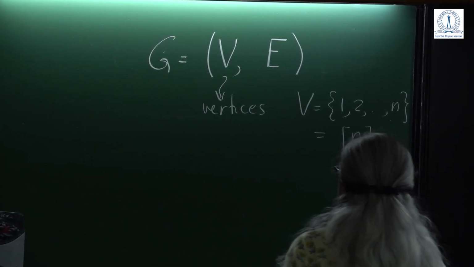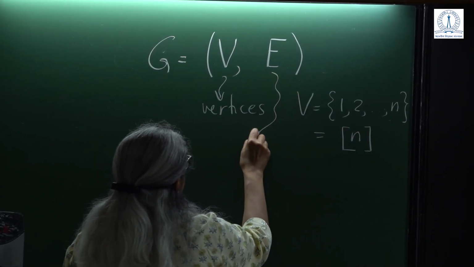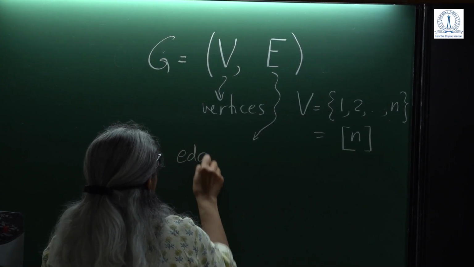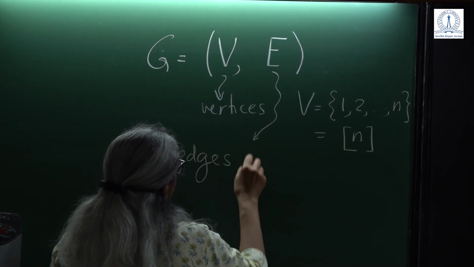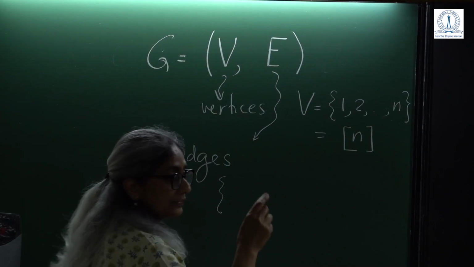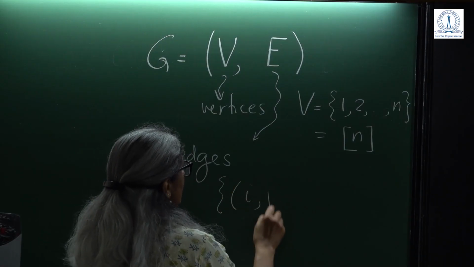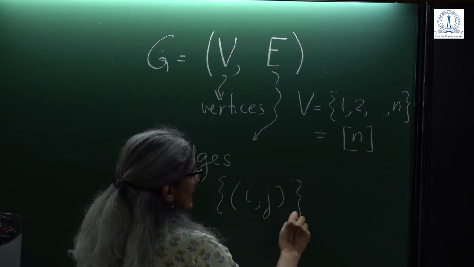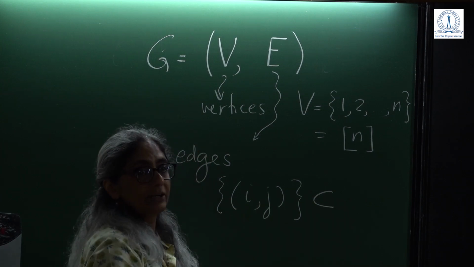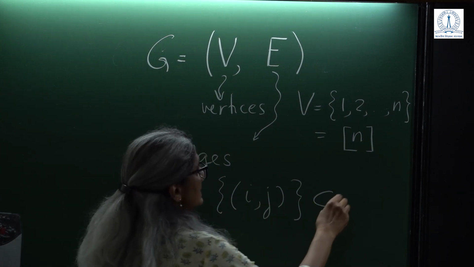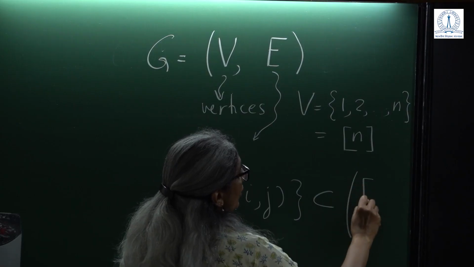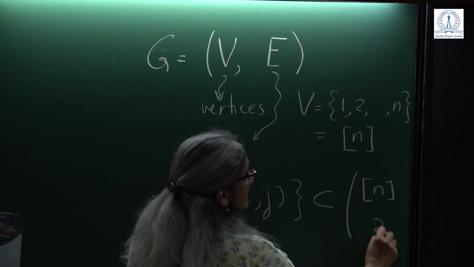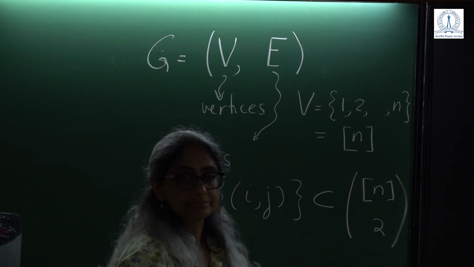So those are the vertices, and then this set over here, these are the edges of the graph, and this will be some collection of pairs. So maybe there'll be some ij's, and this is some subset, maybe not all ij's, but some subset of all the 2-element subsets of 1 through n, okay?